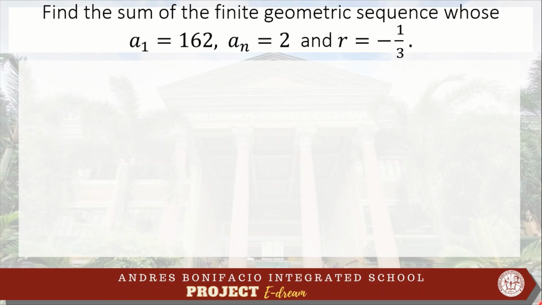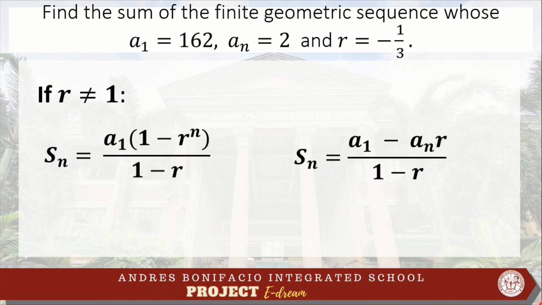Find the sum of the finite geometric sequence whose a sub 1 is equal to 162, a sub n is equal to 2, and r is equal to negative 1/3. Again, since the common ratio is not equal to 1, we have two options.